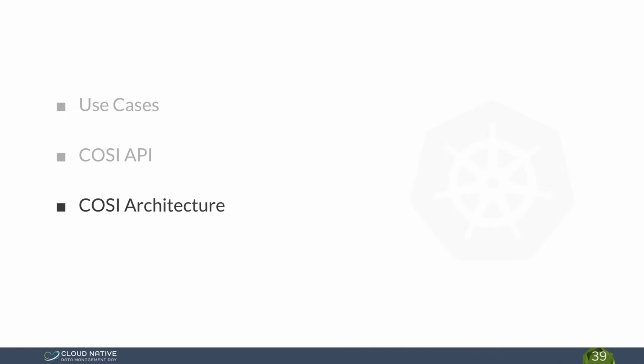And we saw how with bucket requests, bucket access requests, bucket access classes and bucket classes, we were able to achieve our goals stated in our use cases. Now let's go and explore how COSI itself is built internally and how any vendor can become COSI compatible and start providing their object storage service in any Kubernetes cluster.